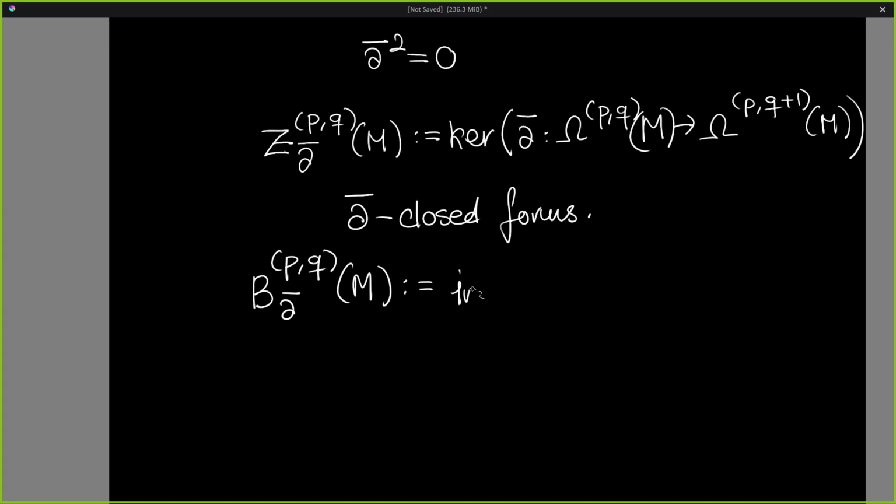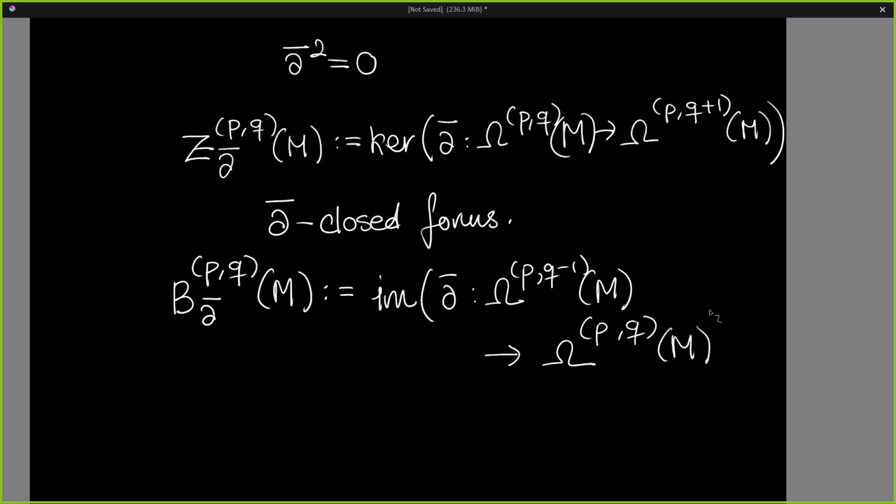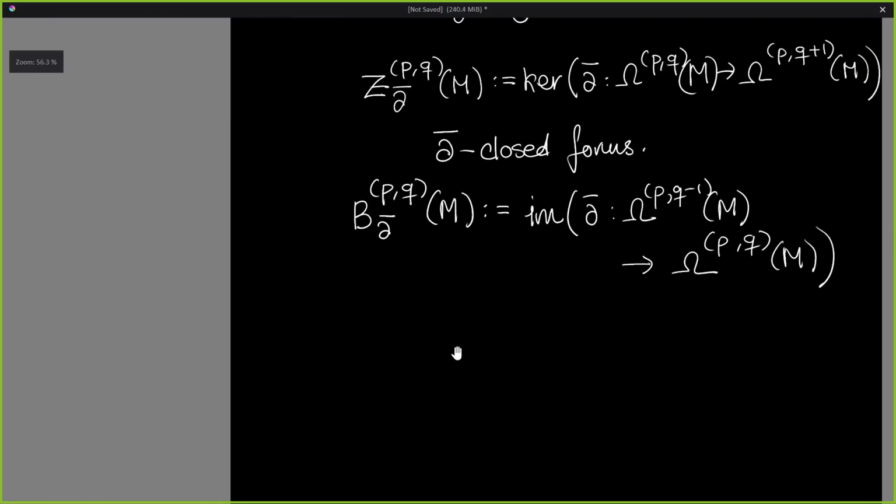And this is similarly the image of partial bar from omega^{p,q-1} of M to omega^{p,q} of M, right? And then we can define the Dolbeault cohomology group. See, that was fast.